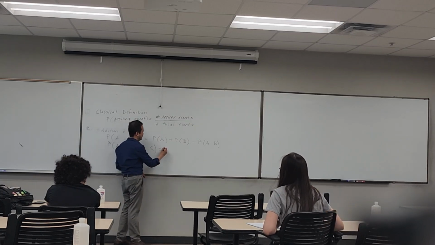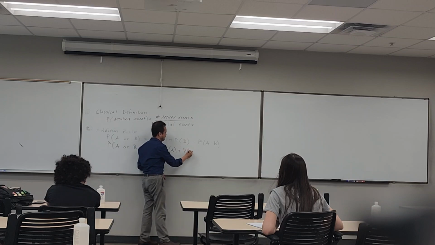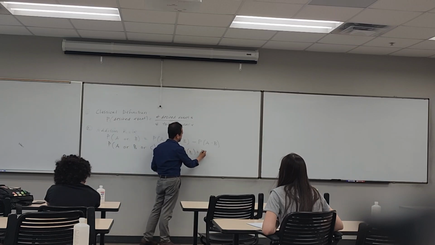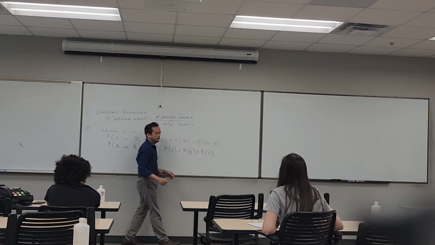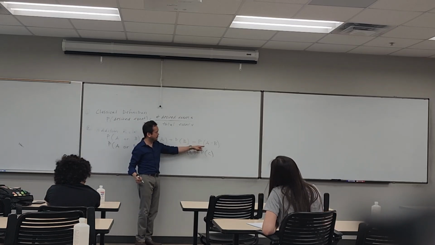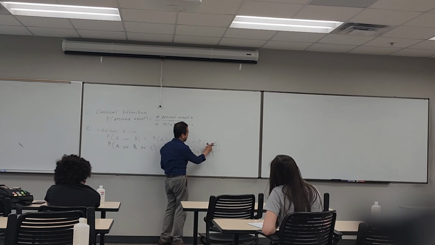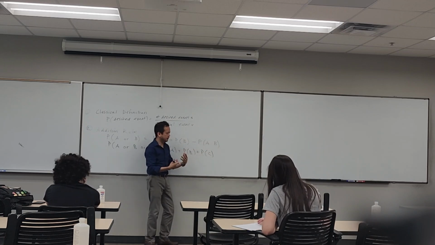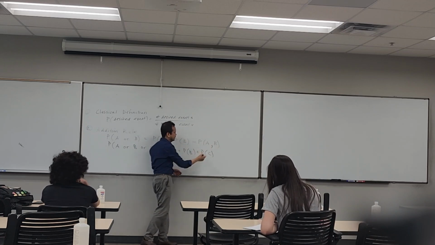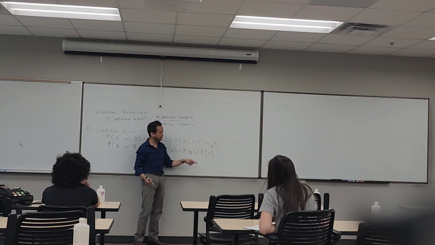So that'll be the probability of just event A plus the probability of just event B plus the probability of just event C. But now it'll be minus the probability of any overlap between events. Oh, this should be A and B, not A minus B. And A and B is abbreviated as comma. So this will be probability of A comma B or A and B.